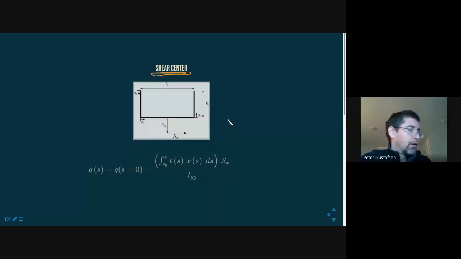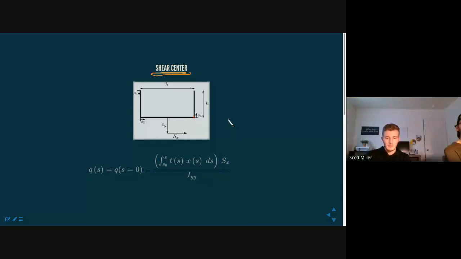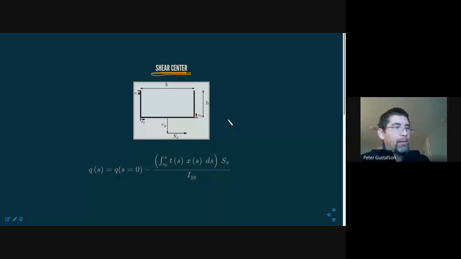Scott, go ahead. So our initial thoughts with the shear center, we're taking a guess. Can you approximate the shear center's location based on the centroid's position? Is it close to that area? No, as a general statement, no, you can't.